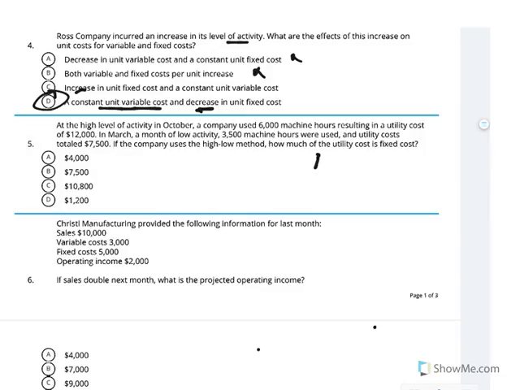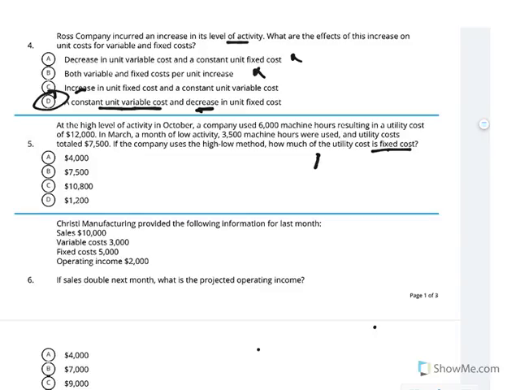5. At the high level of activity in October, a company used 6,000 machine hours, resulting in a utility cost of $12,000. In March, a month of low activity, 3,500 machine hours were used, and utility cost totaled $7,500. If the company uses the high-low method, how much is the fixed cost? Well, we have to figure out the variable first.